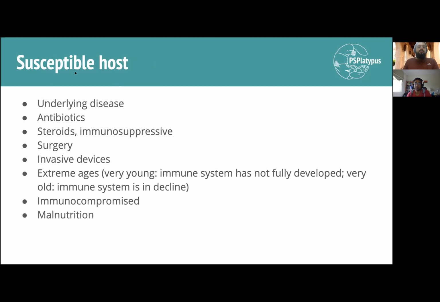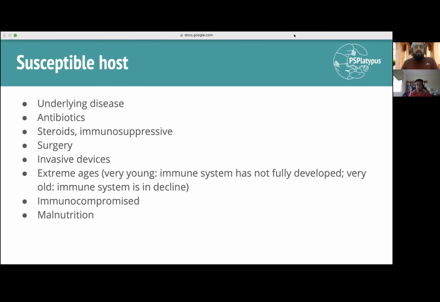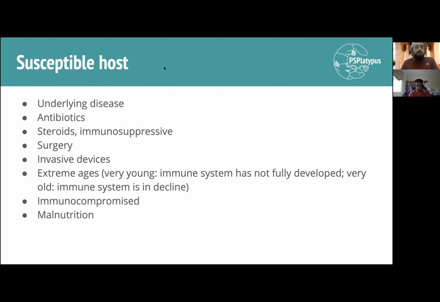And then the susceptible host. How can these pathogens or these microorganisms cause harm or cause the disease in the susceptible host? What are the factors that can cause this? Underlying diseases, antibiotics, immunosuppressive steroids, surgeries like in hospital, invasive devices.